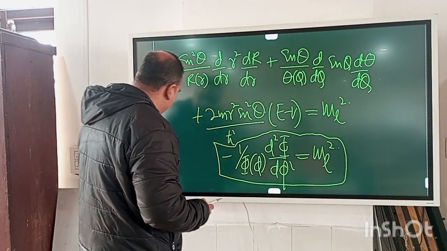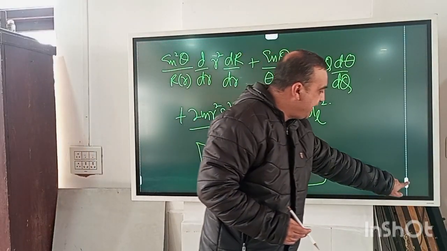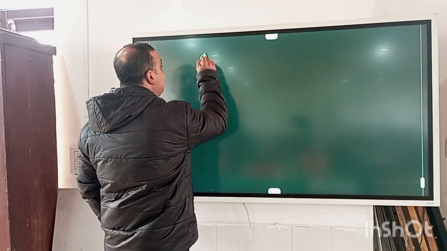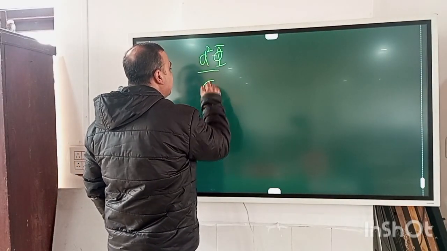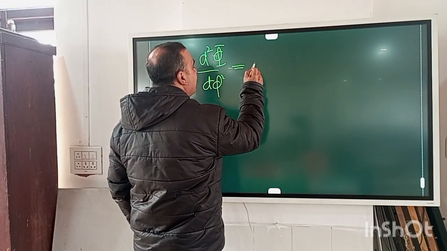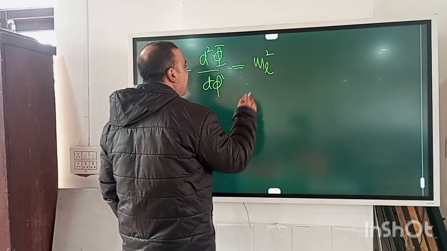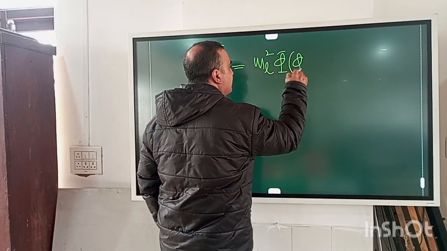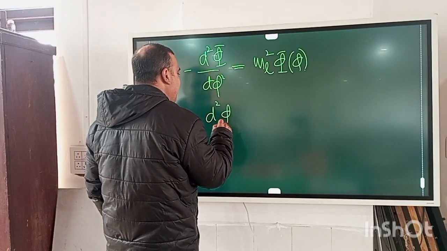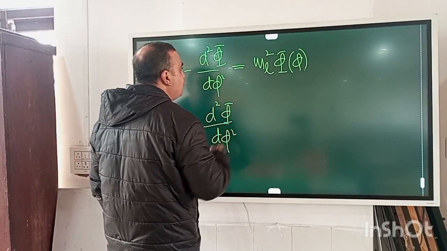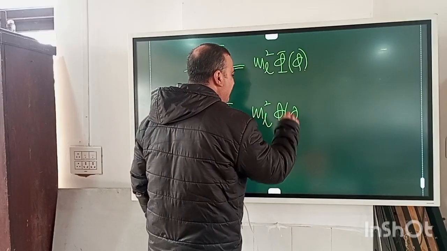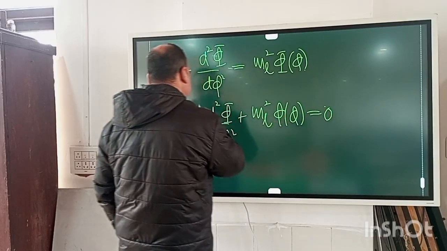So if I take this equation, I can write down d2 phi by d phi 2, which is minus, okay, that's equal to ml squared phi of phi. So I can have d2 phi by d phi 2 plus ml squared phi of phi equal to 0.